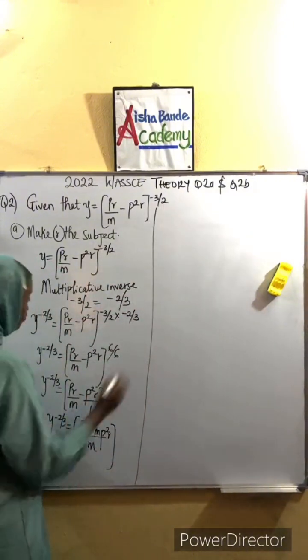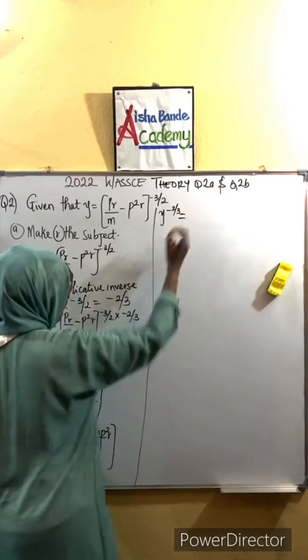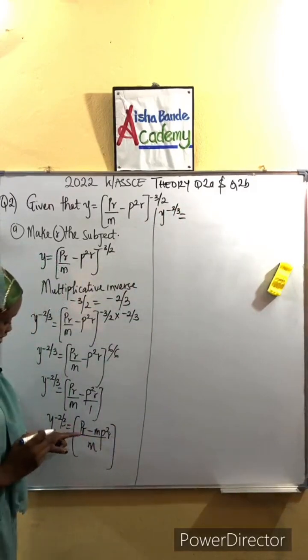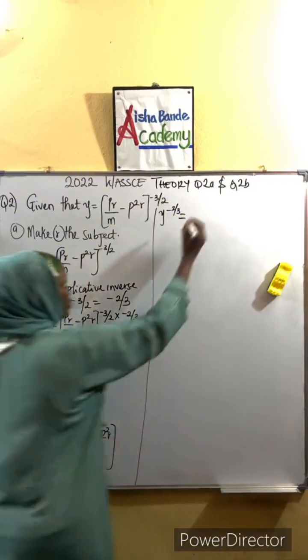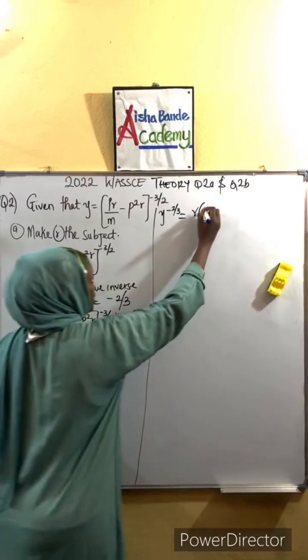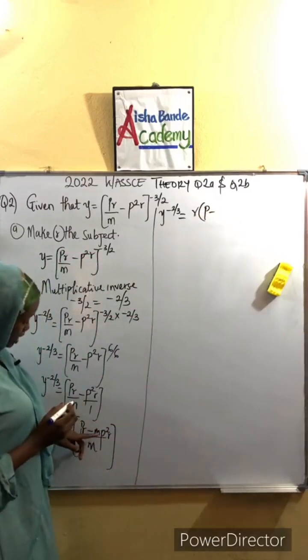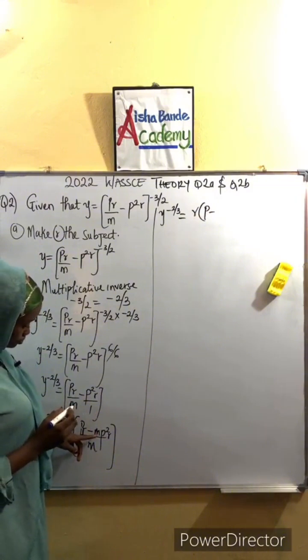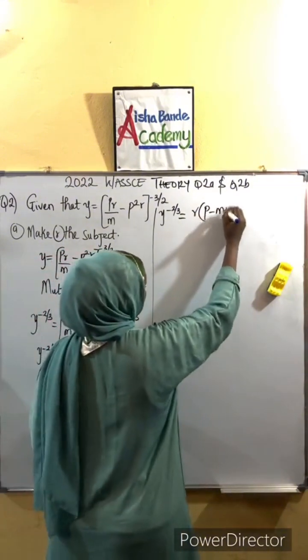So let's continue from here. We have y raised to the power of minus 2 over 3 is equal to, looking at this, let's take the common factor in the numerator. The common factor here is r. If you factorize r, we'll be left with p minus mp squared.